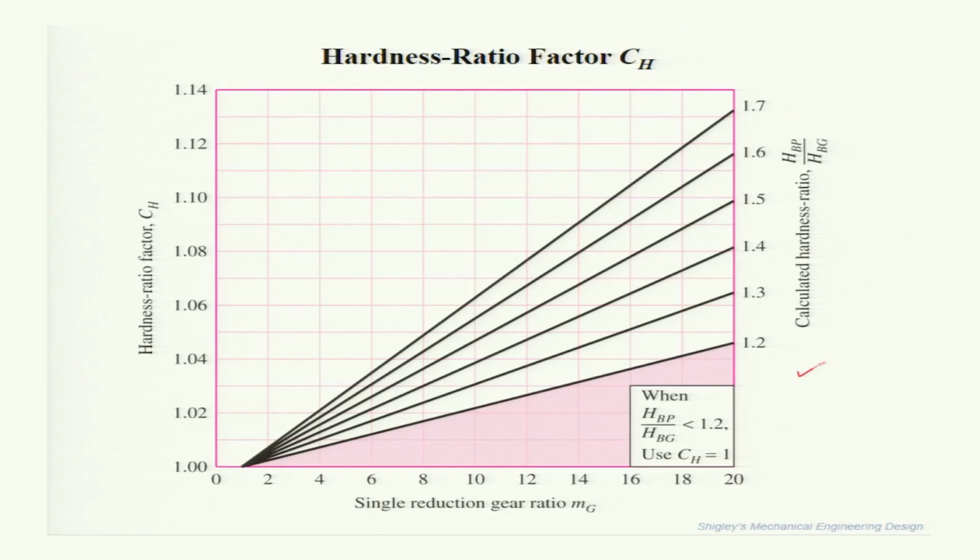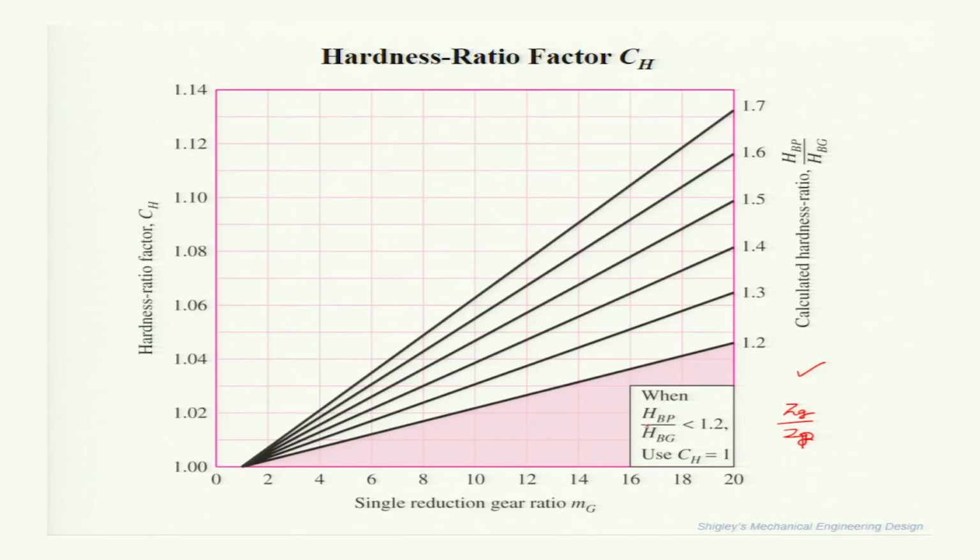From this figure also you can get the value of the hardness ratio factor. For a single reduction gear ratio mg, that means the ratio of zg, number of teeth on the gear, to the number of teeth of the pinion, and depending on the calculated hardness ratio, Brinell hardness of the pinion and Brinell hardness of the gear, you will select a particular curve and you will get the value of CH.